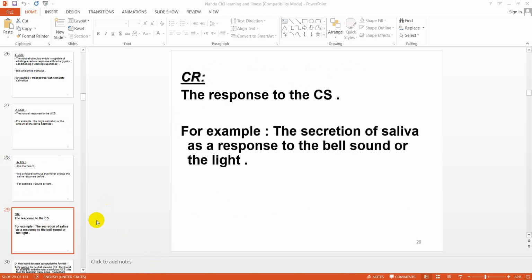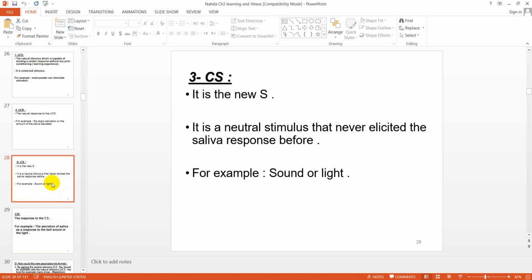The definition of CR, or conditioned response, is the response to the conditioned stimuli. You should also be acquainted with the definition of conditioned stimulus. Conditioned stimulus is a new stimulus. It is a neutral stimulus that never elicited the saliva response before.